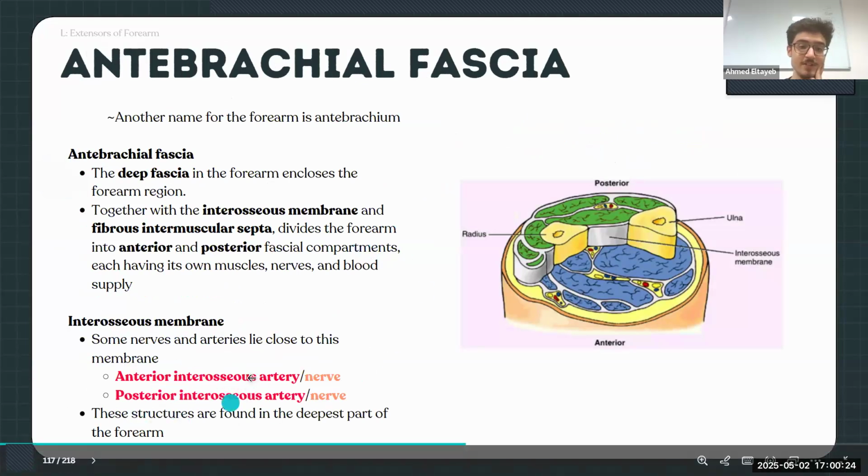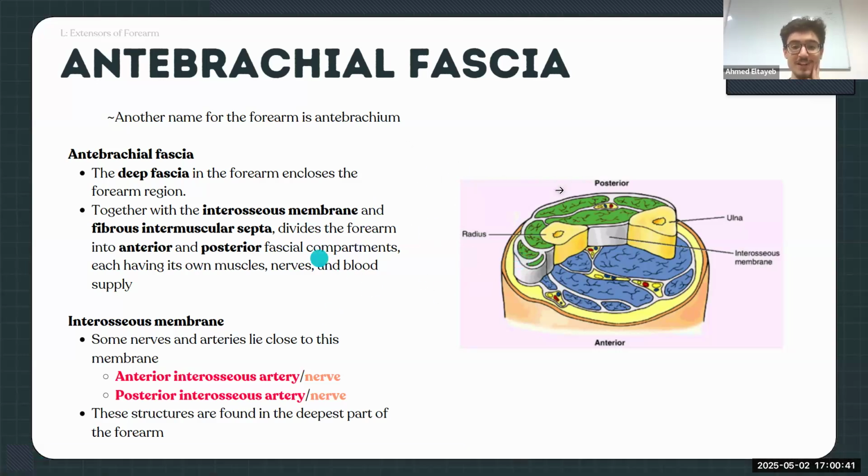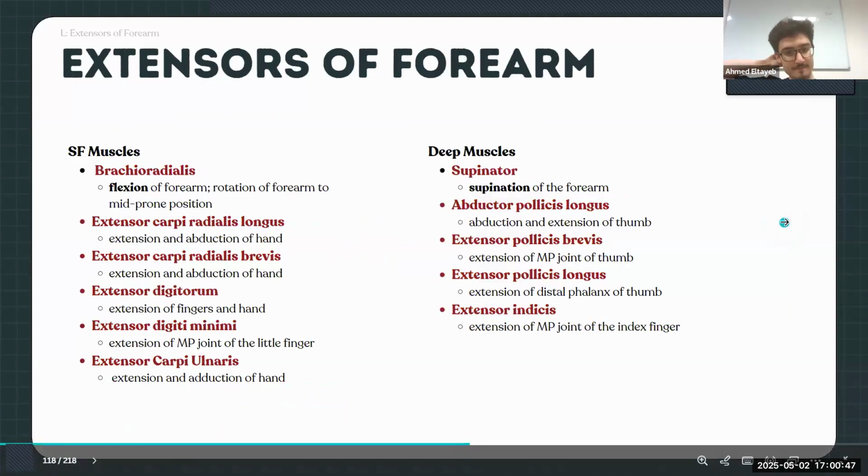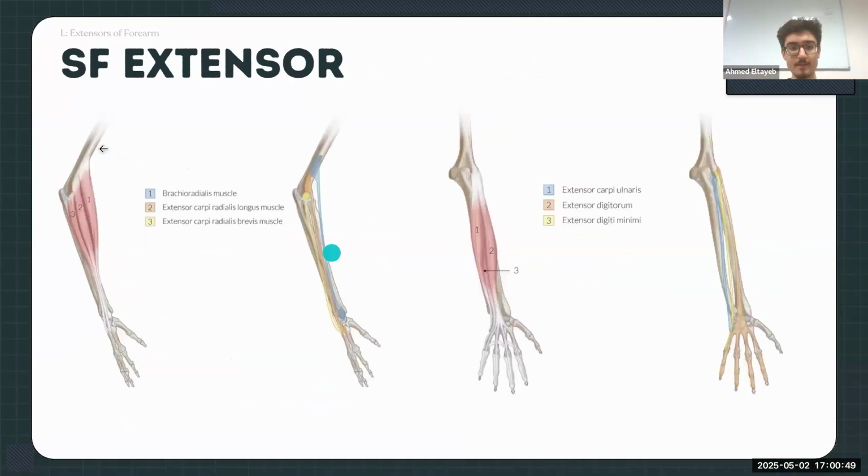Meanwhile, the posterior interosseous artery comes from the radial. No, sorry, what am I saying? The posterior interosseous nerve comes from the radial nerve. But both arteries originate from the common interosseous artery, which is a branch from the ulnar artery. You see how everything is just coming together here? But we're gonna discuss this in detail. Don't worry about it.